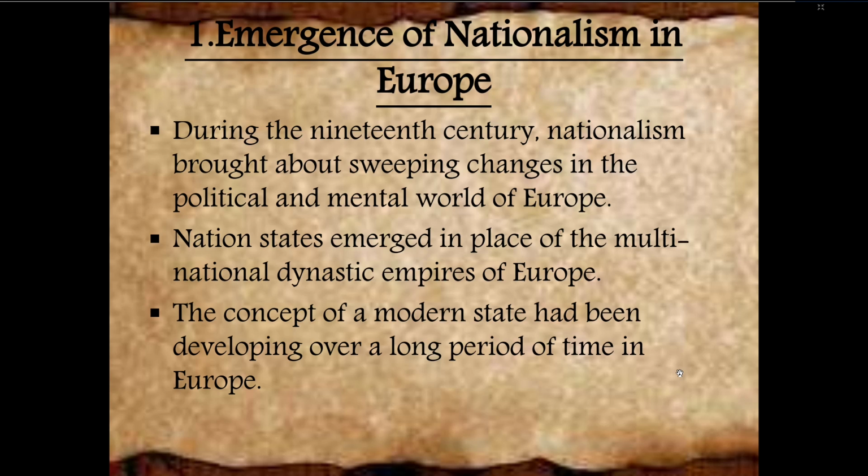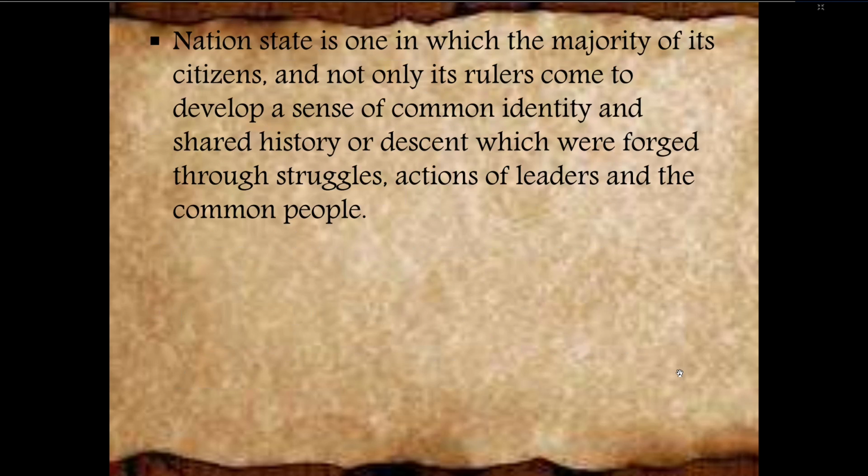This concept of a modern state or nation state took some time to emerge and get established. A nation state is one in which the majority of its citizens, and not only its rulers, come to develop a sense of common identity and shared history or descent, which were forged through struggles, actions of leaders and common people. So through this we come to know that in the rule of kings and emperors, only the kings ruled, but in the nation state, the majority of citizens also participate equally in the ruling system. It means monarchy is now going to change into a democratic world. Now these states changed into nation states.